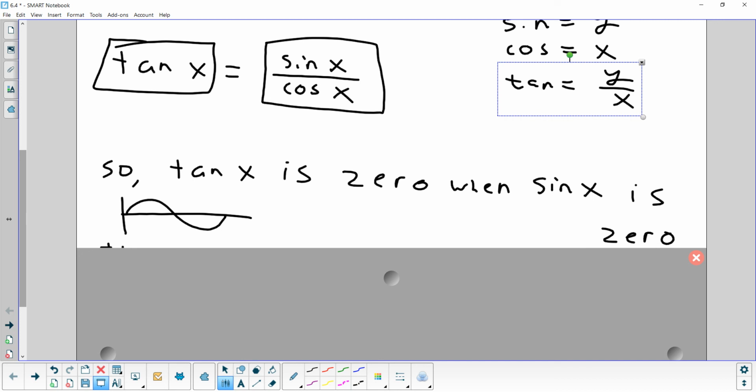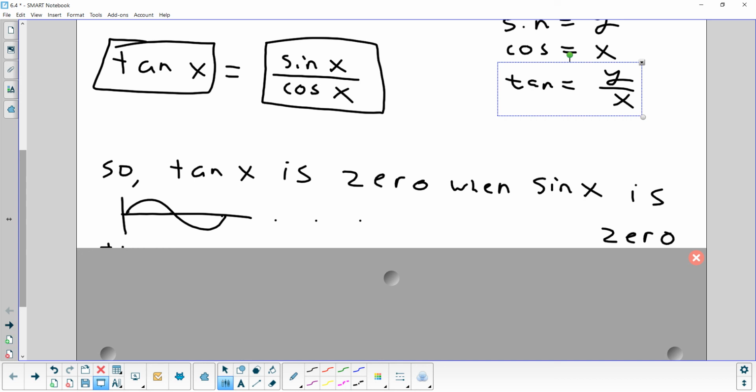What could you plug in for x and it would make sine 0? 0, pi, and 2 pi. Yep, 0, pi, 2 pi, 3 pi, 4 pi, 5 pi, 6 pi. Basically, every integer multiple of pi is going to cause the graph of tangent to be 0. So it's going to be an x-intercept.